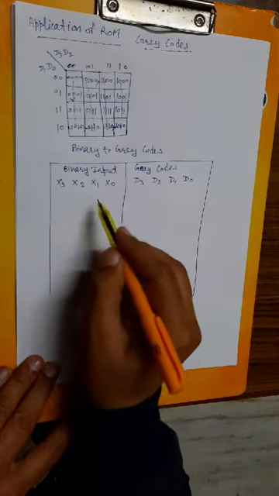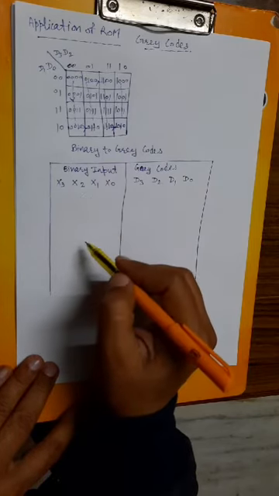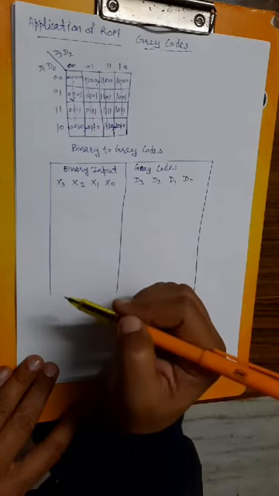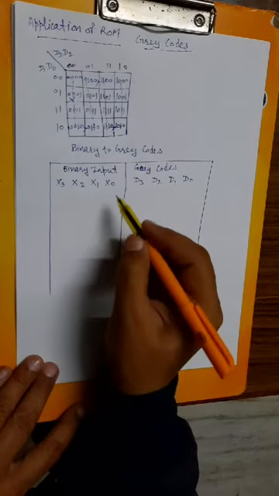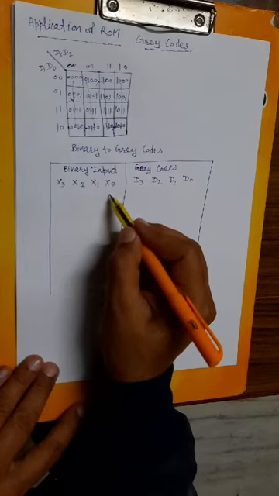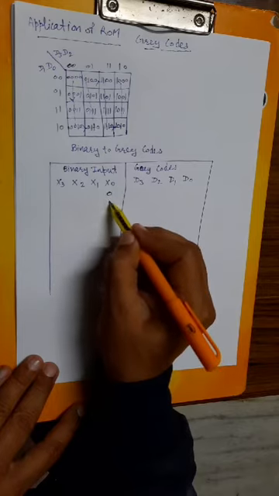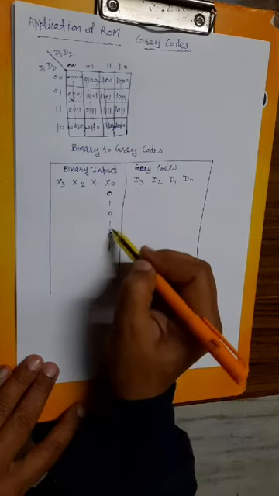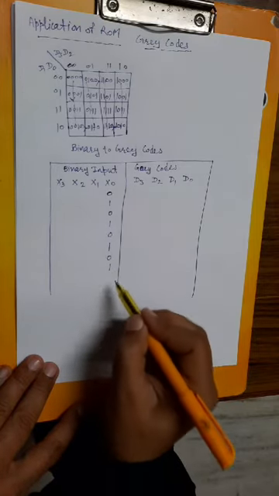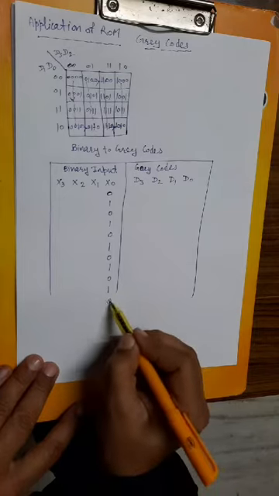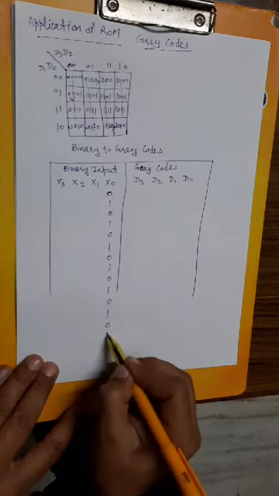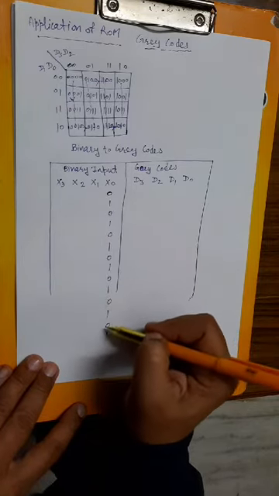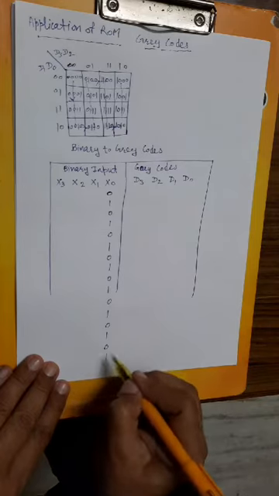Firstly we write the binary codes of 4 bits, which consist of 0 to 15 decimal equivalents. So we write all the codes of 4 bits, 0, 1, 2, 3, 4, 5, 6, 7, 8, 9, 10, 11, 12, 13, 14, 15.